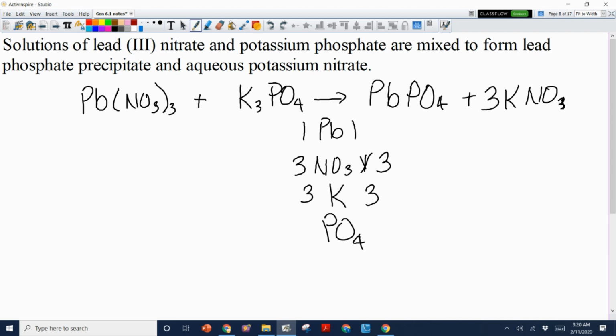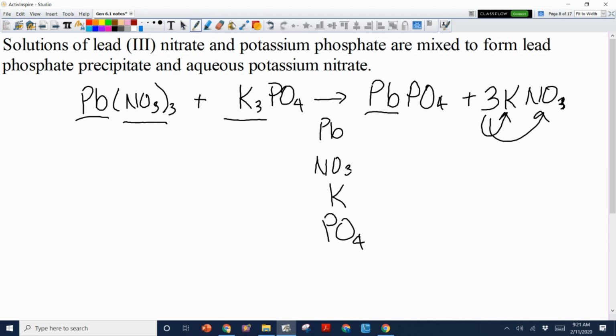And then phosphates, we have 1 phosphate on this side, and we have 1 phosphate on this side. Okay, so it looks like just adding that 1 coefficient there balanced everything out, but we're going to go back and double check just to make sure. All right, so 1 lead here, 1 lead here, 3 nitrates here, 3 nitrates here, 3 potassiums here, 3 potassiums here, 1 phosphate, 1 phosphate.